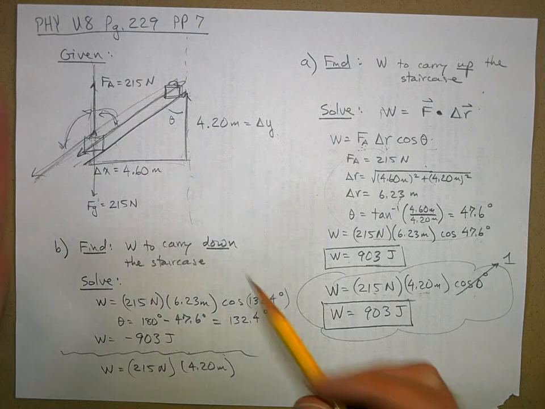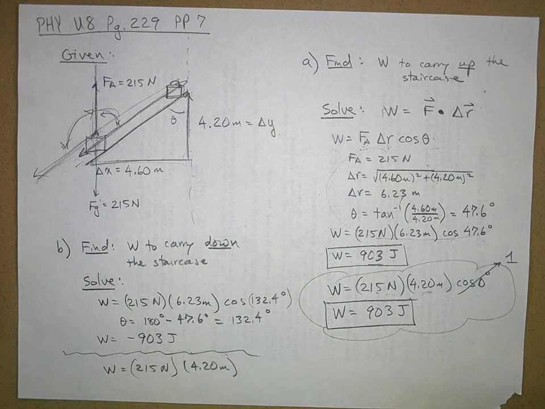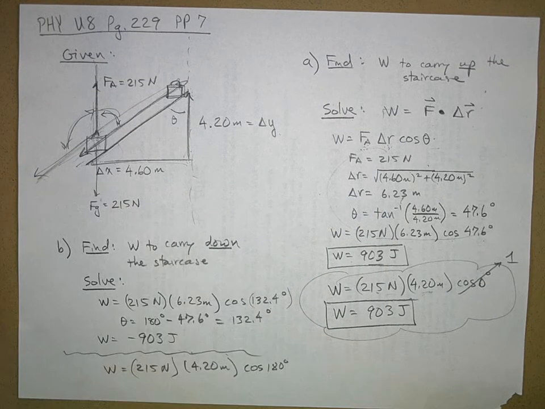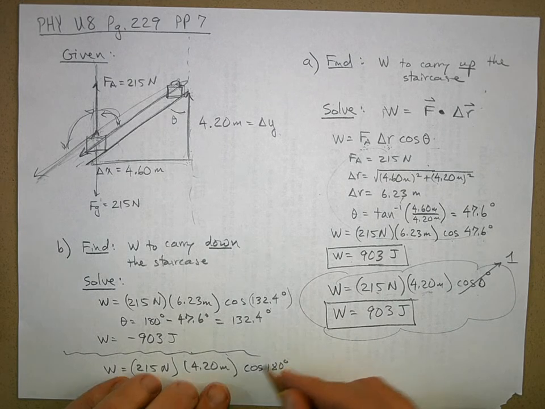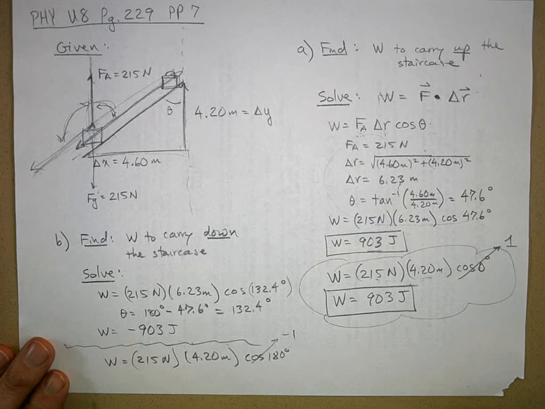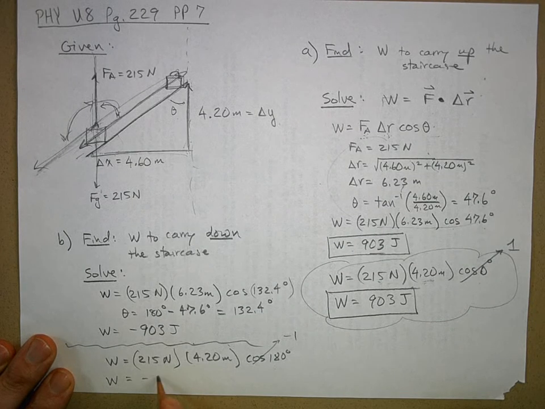And then what's the cosine of the angle between up and down? Well, this is -1. That's where the negative comes from. Negative 903 joules.